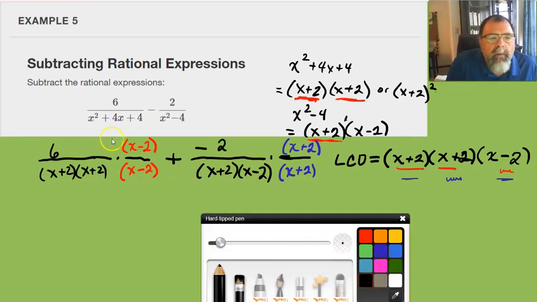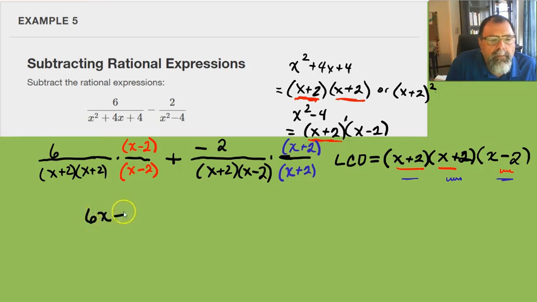Then I'm going to multiply the numerators. If you want, you can distribute the top, which I'm going to do. Plus, and then I'm going to distribute the top, so negative 2. I'm kind of combining 2 steps into one because I have common denominators. So negative 2 times x is negative 2x. Negative 2 times 2 is negative 4.